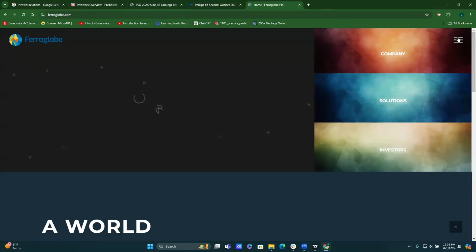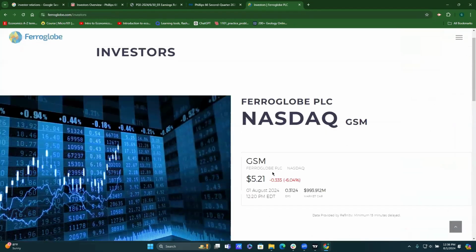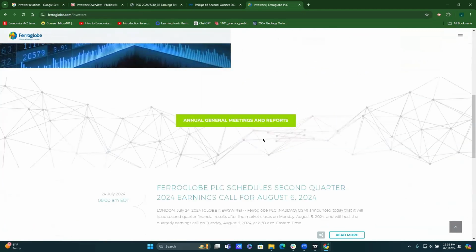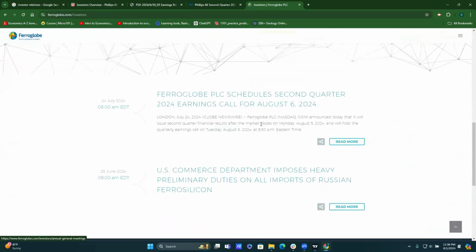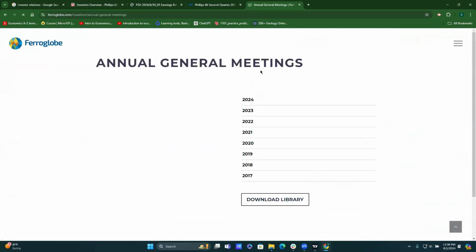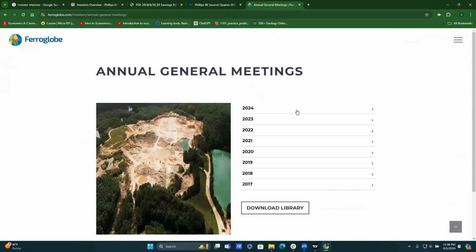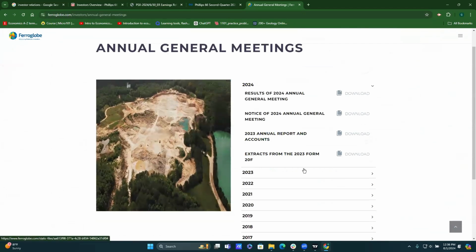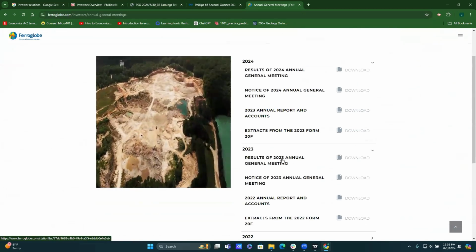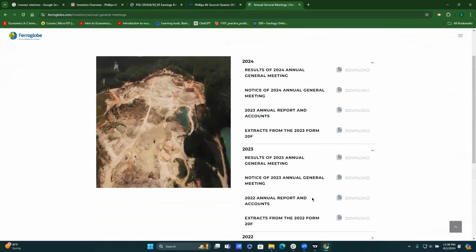Click on investors there, and then go down. You have their annual general meetings and reports that you can go through. For example, if you want to view their 2023 annual report, you can click and download their documents and data, which is pretty useful.